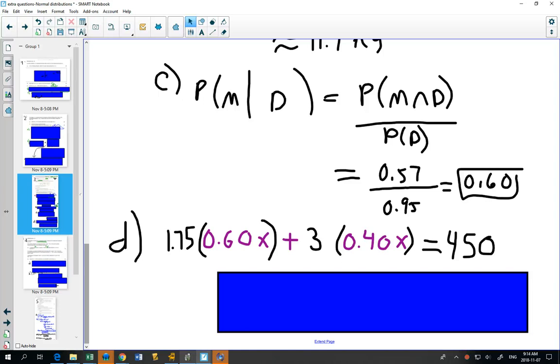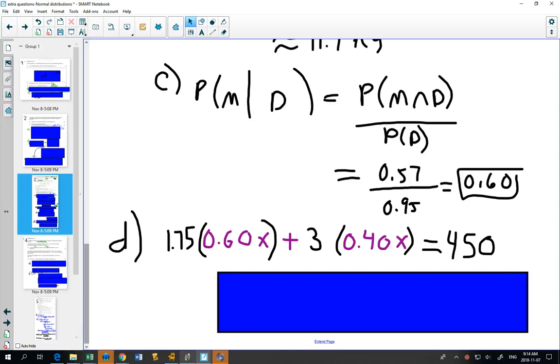Since you sell the medium ones at $1.75 and the large ones at $3, why do I have it equal to 450? 300 plus 150. And why would it be 300 plus 150? Right, because it's our profit.